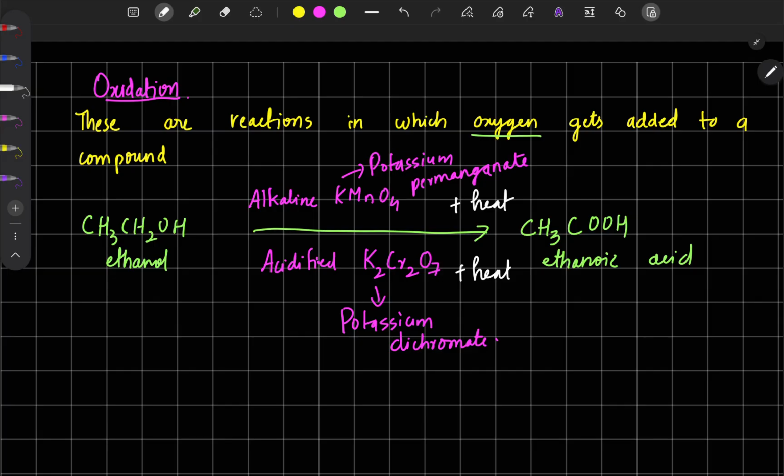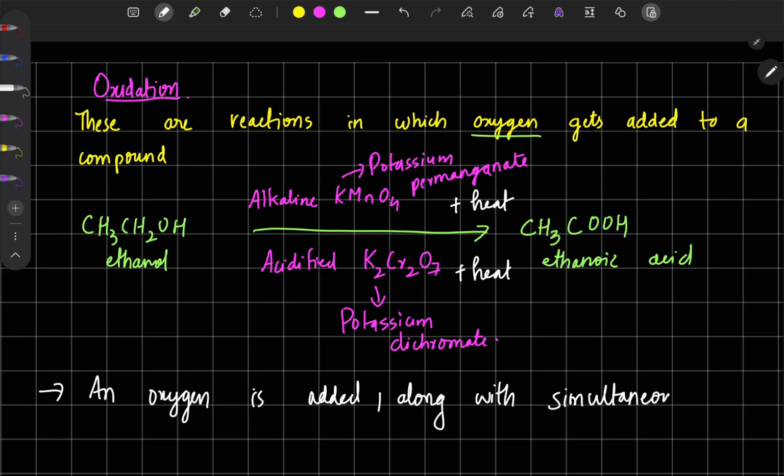If you closely observe here, an oxygen is added along with simultaneous removal of hydrogen, H2.